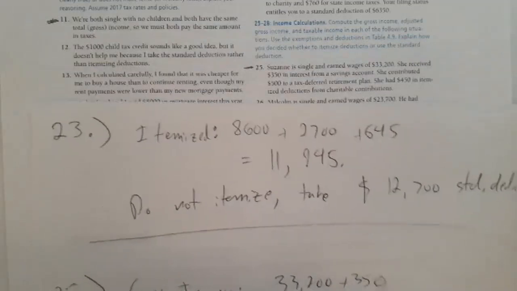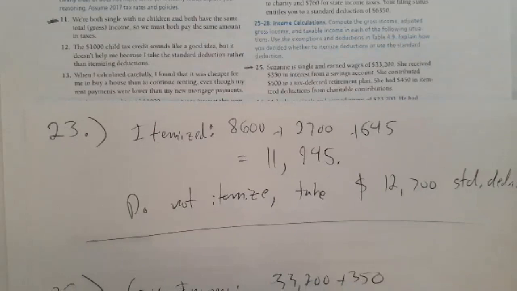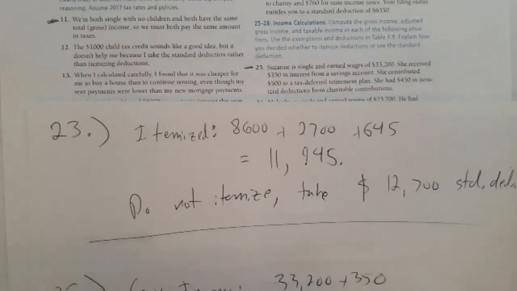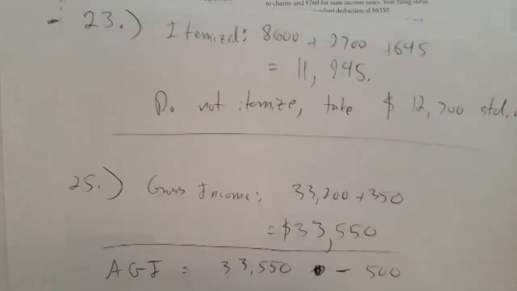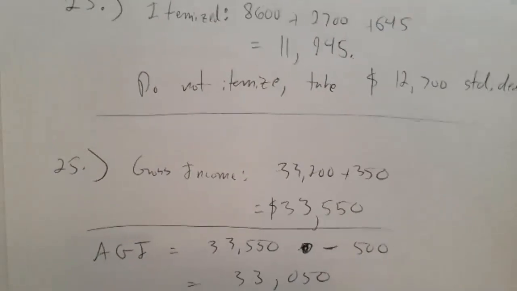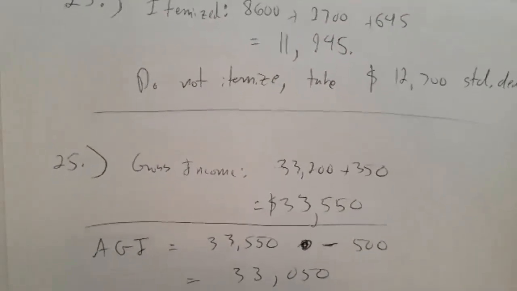The 500 would be the tax deferred. So you remove 950, correct? The 450 is not coming up quite yet. The 450 is just for determining whether we're doing standard or itemized. For the adjusted, we just take away the 500. Yeah. Okay.